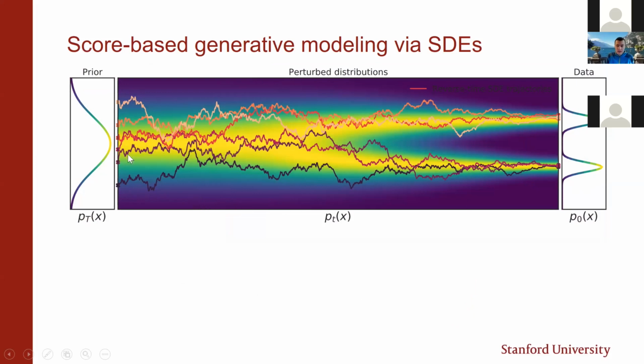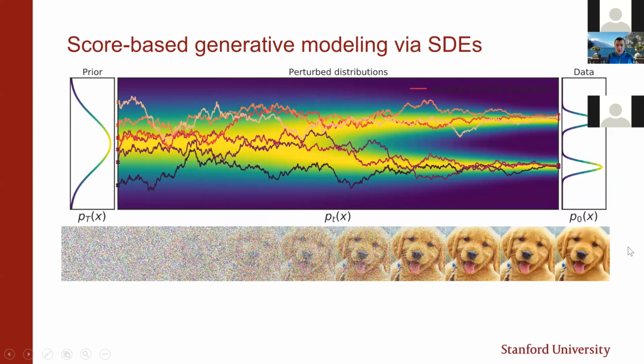There's going to be another SDE that captures the process of going from some noise prior to data. It goes from noise to samples, like exactly the same procedure we were using before when we were using annealed Langevin dynamics to sample.